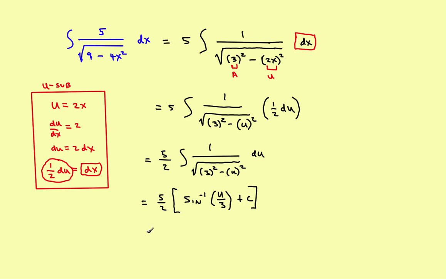And you're almost finished. The last step of the problem, like you've done in all u substitution problems, is turn the u back into an x again. So the final answer would be 5/2 of the inverse sine of, and in place of u, put what it's equal to, 2x over 3, plus c, and you'd be done. So there's a first u substitution problem that involves the inverse sine. Now, in the next problem, we'll take a look at one that involves inverse tangent.